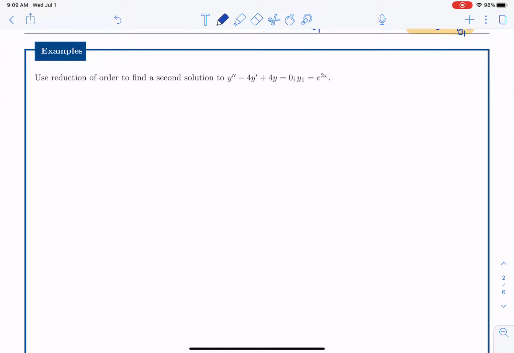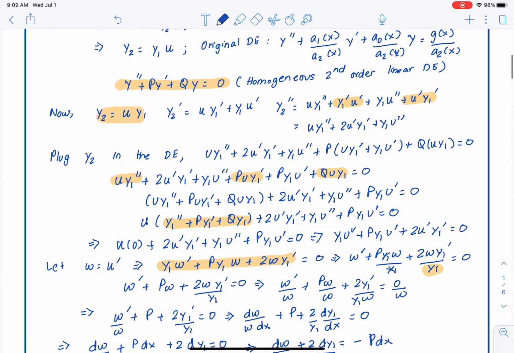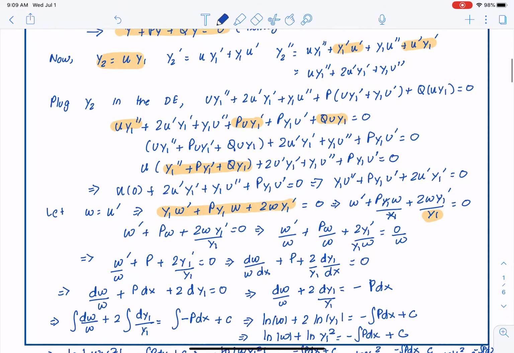So here is a second order homogeneous DE, y double prime minus 4y prime plus 4y equals 0. We know one of the solutions is y1 equals e raised to x. So we just have to find what p is. Based on how we defined things, p is simply negative 4. I'm making a direct comparison to that equation right there.